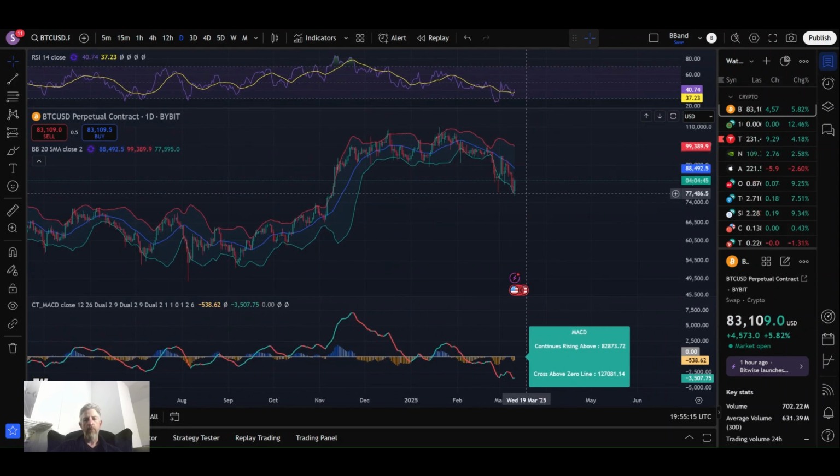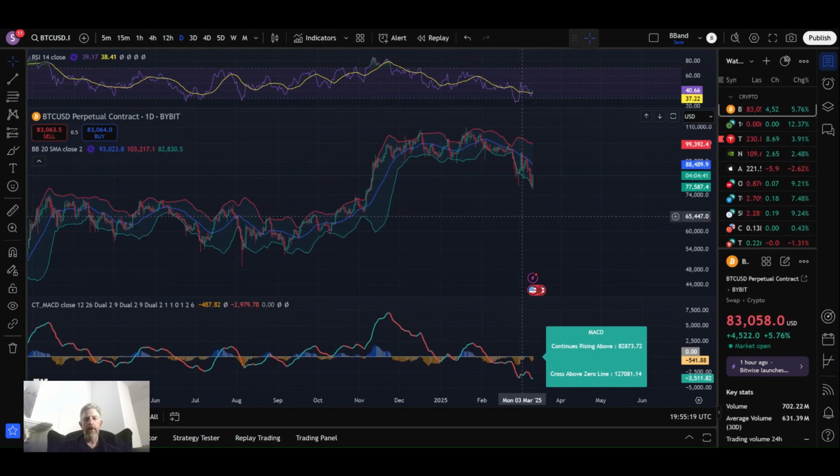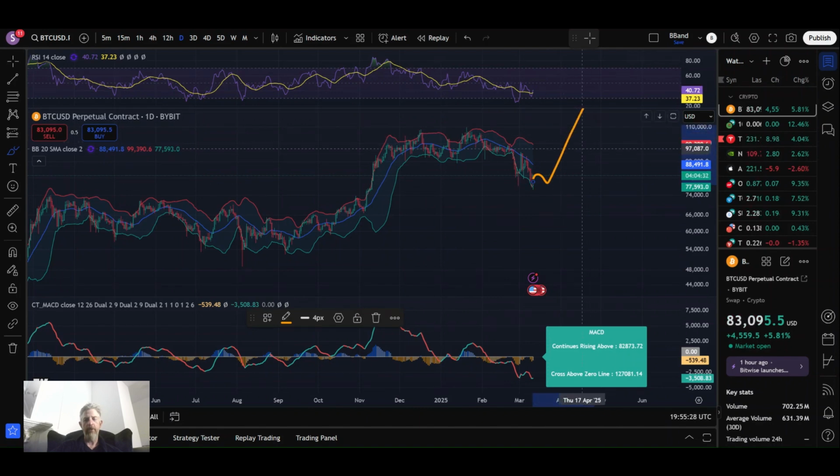Now, why did I bring that up? Well, just from a timing point of view, I think it's fairly unlikely that this spends a few days here and then goes straight up to new all-time highs. It's probably more likely to spend a bit of time getting back into the $100,000 range, then spend a bit of time there, maybe consolidate up against resistance around that 105 to 108 region, and then a breakout.